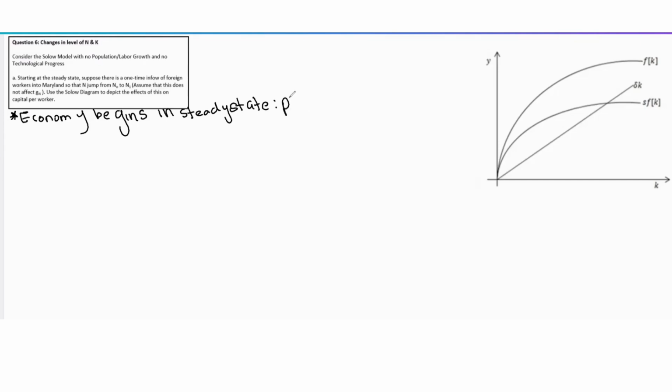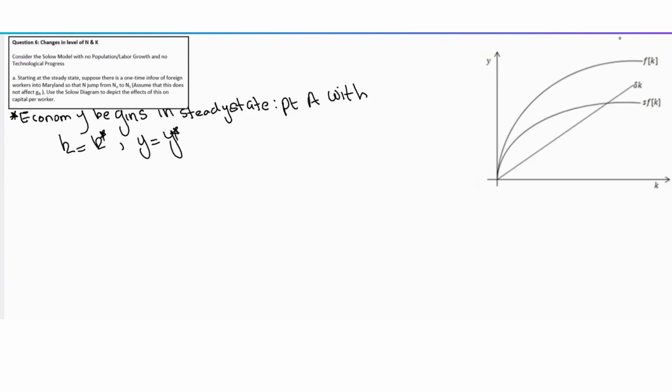We're going to take the steady state as point A, with K equal to K star. So capital per worker is equal to K star, and output per worker is equal to Y star.